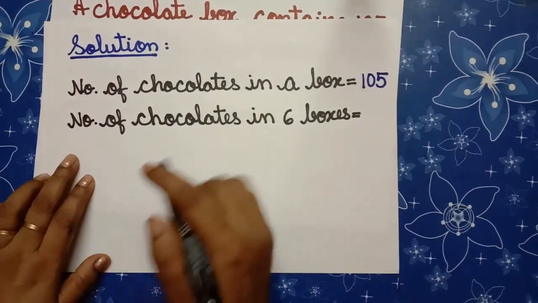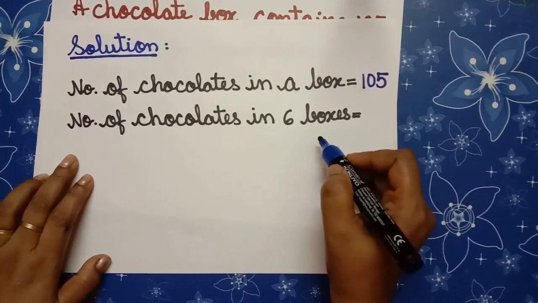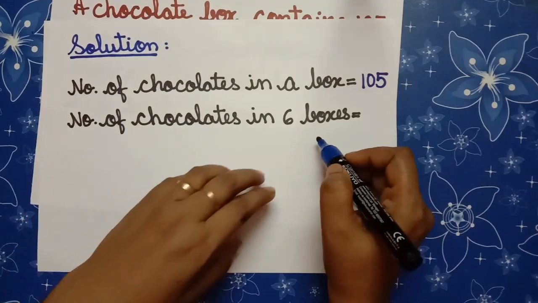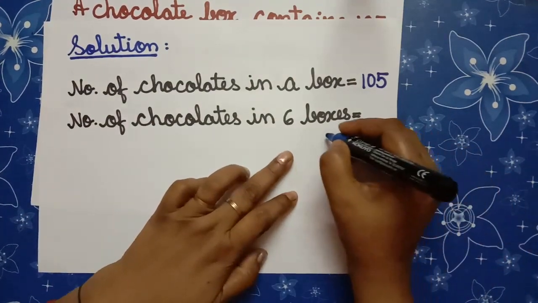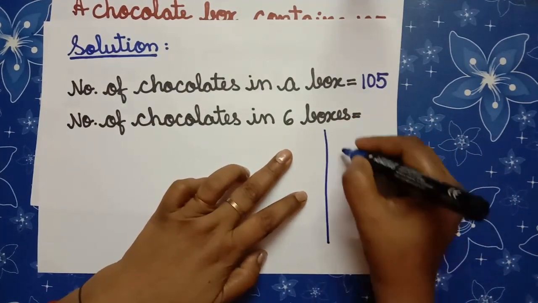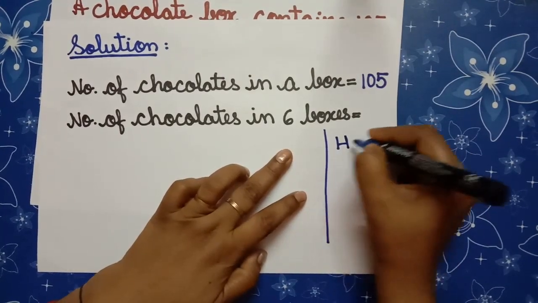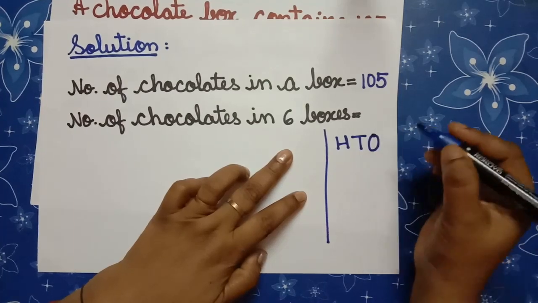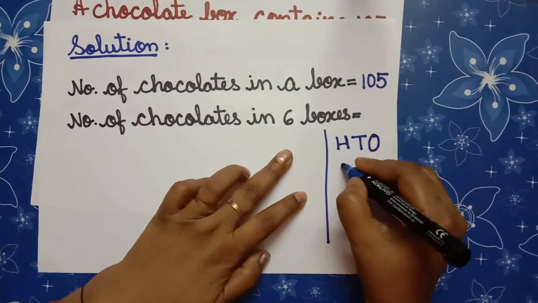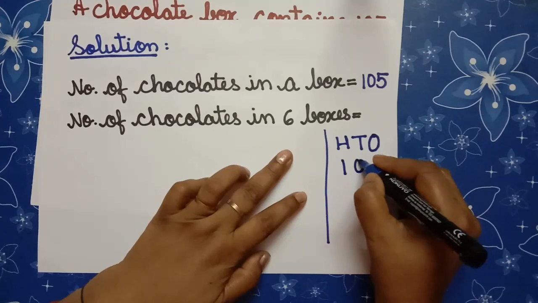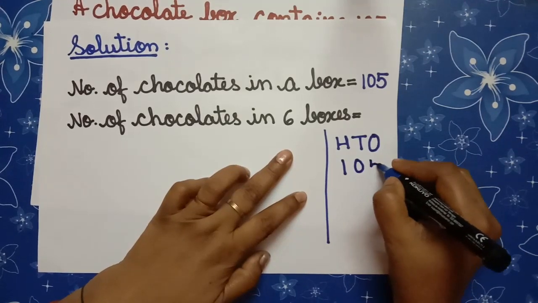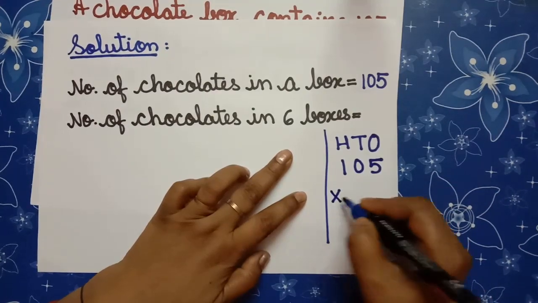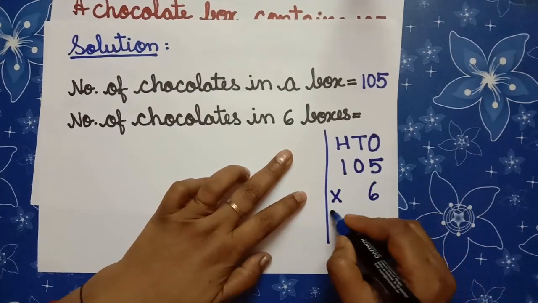So number of chocolates in 6 boxes. What do we have to do? First, arrange the numbers in a column. Hundreds, tens and ones. You have to multiply 105 multiplied by 6.